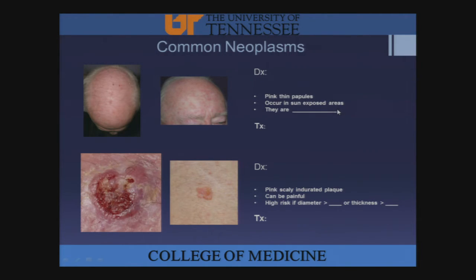So are they malignant, pre-malignant, benign? They are pre-malignant. And as Hassan mentioned, the pre-malignant, they usually can lead to squamous cell carcinoma. And for treatment, you just do cryotherapy for most of them. What else can you do?